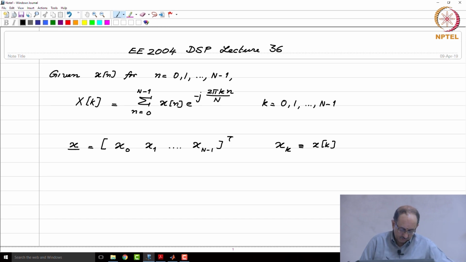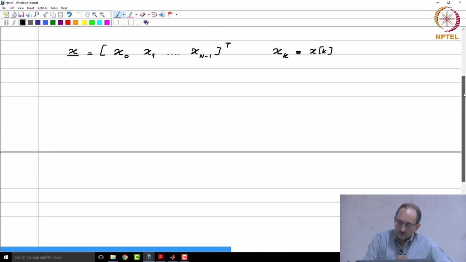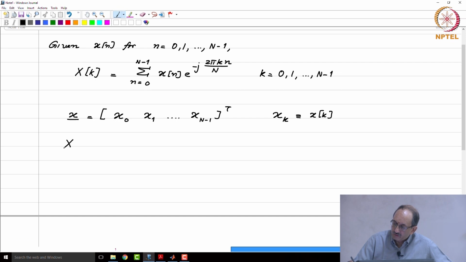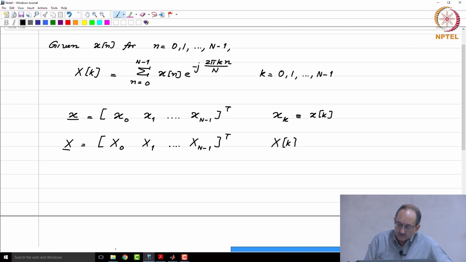Now, let us express this in matrix vector notation. Similarly, boldface cap X is denoted as X0, X1 up to X N minus 1 transpose, and once again X of k is denoted as X suffix k.